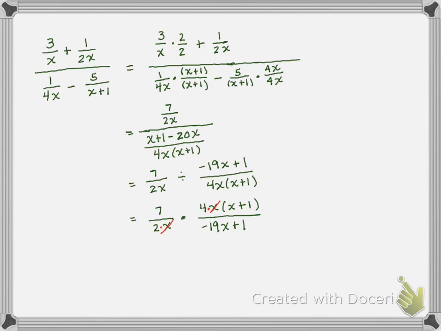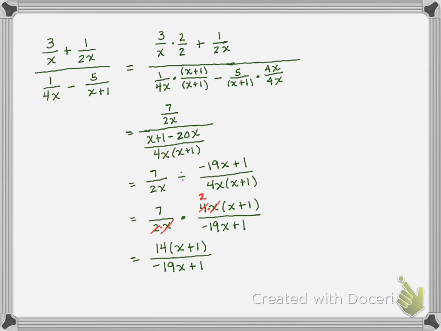And now it's really just 4 divided by 2. You can write the 4 as 2 times 2 if you want to see it, but a factor of 2 will cancel. And so then we end up with 14 times x plus 1 over negative 19x plus 1.